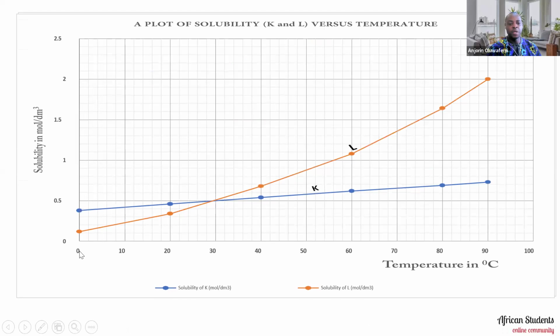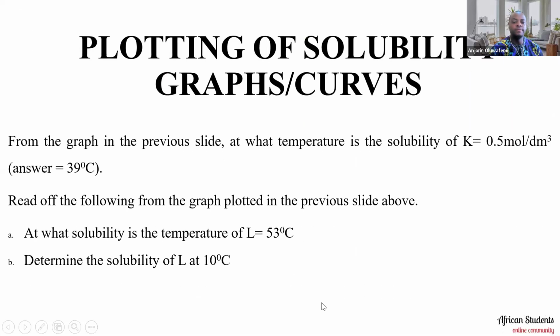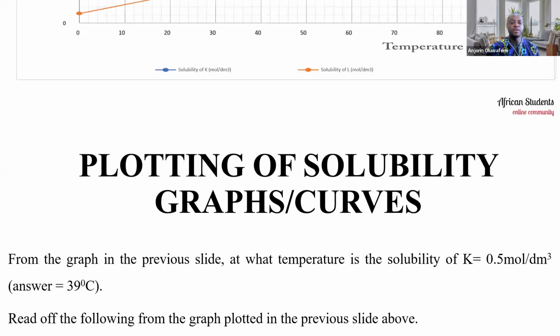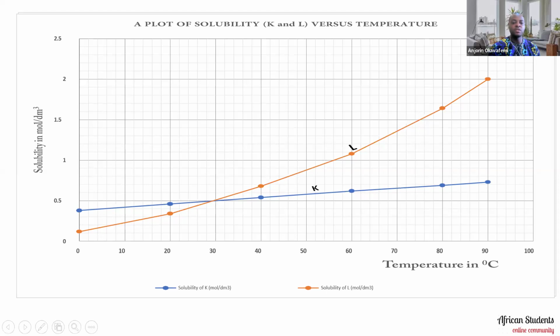If this is 0, we can say this is 2, 4, 6, 8, 10, then 20, 30, 40, so 53 should be in between here, and when you trace it back up there, you get what the solubility will look like. So the solubility, you can read it off from the graph. It says determine the solubility of L at 10 degrees Celsius. So what you just need to look for is 10 degrees Celsius, and then look for the solubility at that point.